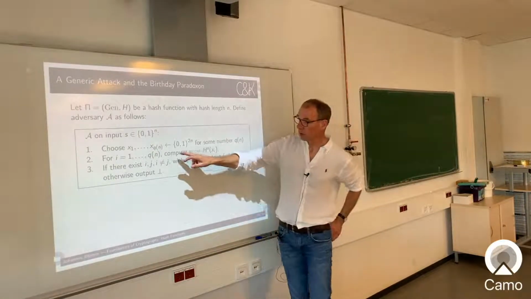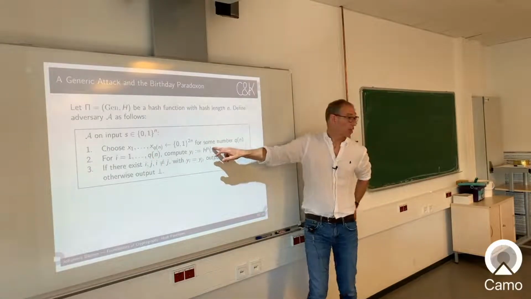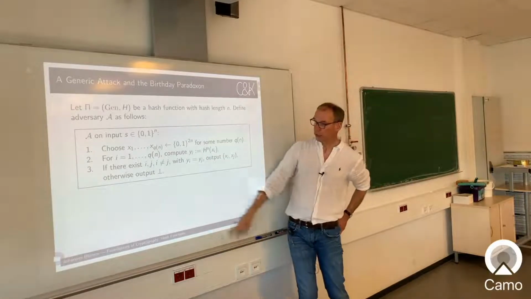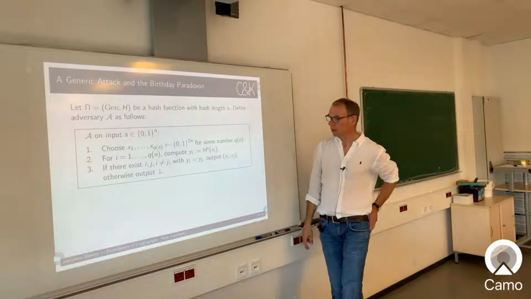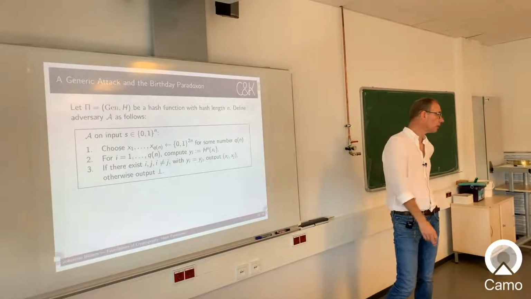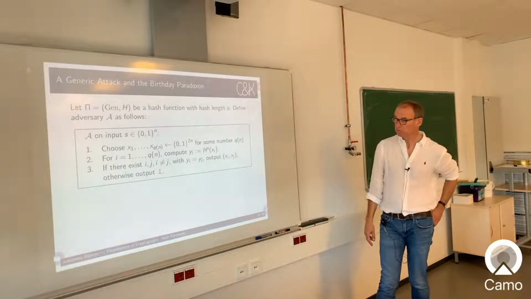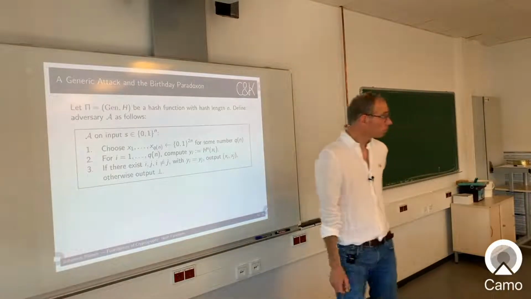And for all these values xi, it computes the hash value yi. And if there exist two indices i, j with yi equal to yj, we output xi and xj. Okay. Otherwise, we output a failure symbol.